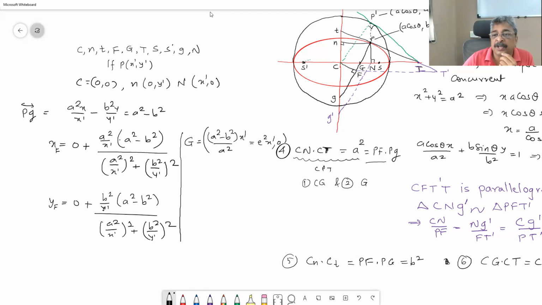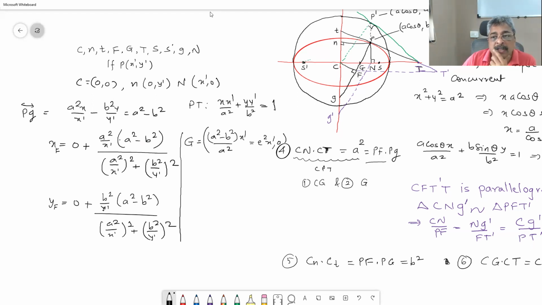That is capital G. Capital T is your tangent intersecting. Equation of tangent at P is x dash upon a square plus y dash upon b square is equal to 1.